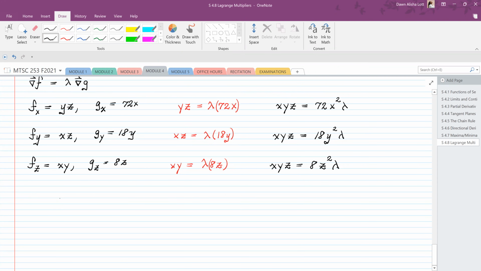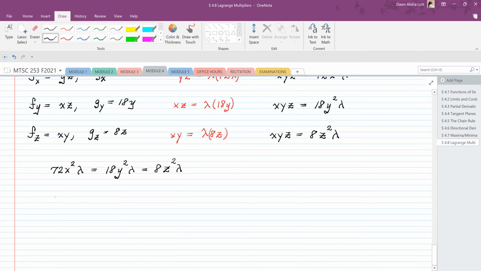Okay, so that means all three of them must be equal. So 72x squared lambda is the same as 18y squared lambda is the same as 8z squared lambda. So I can get rid of all the lambdas and get 72x squared is equal to 18y squared is equal to 8z squared.